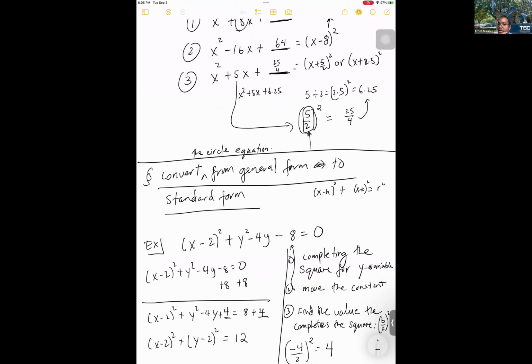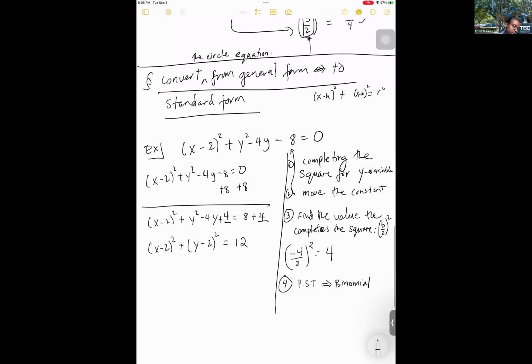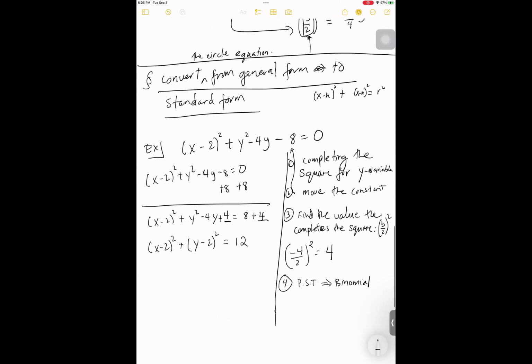Correct, if you basically redid everything. If you basically foiled that last equation, it would break down into the equation before. Exactly. And you can always do it to double check. (y minus 2) times (y minus 2).